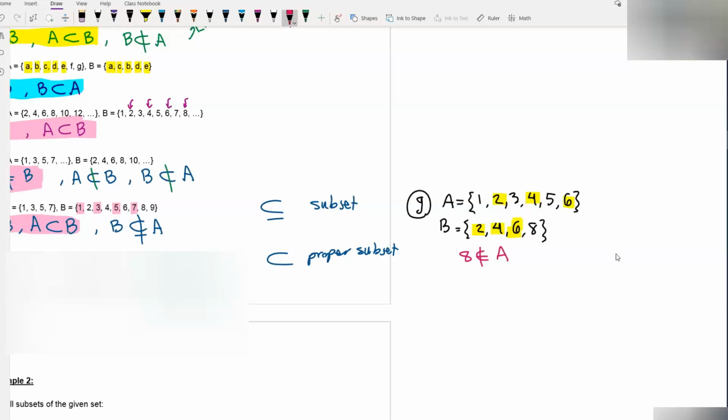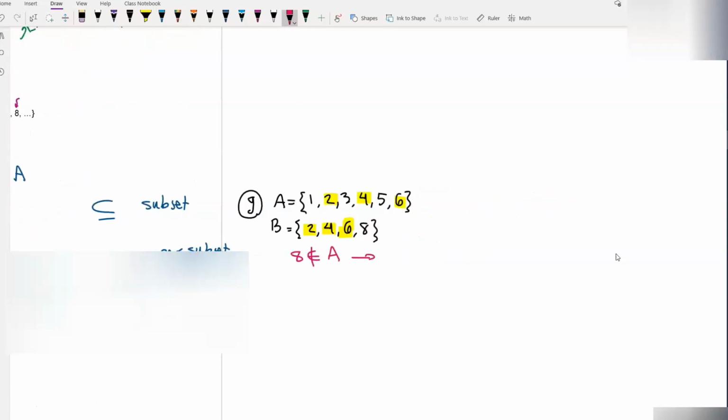It's not inside A. Since we don't have 8 inside the other set, inside A, is B a subset of A? Is B a proper subset of A? Proper subset means you should have all these members inside A. I don't have that one.